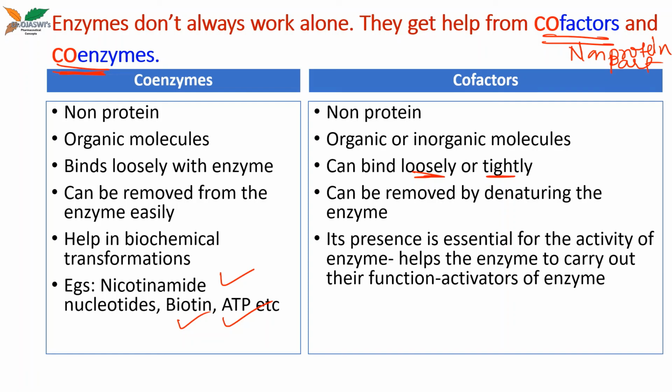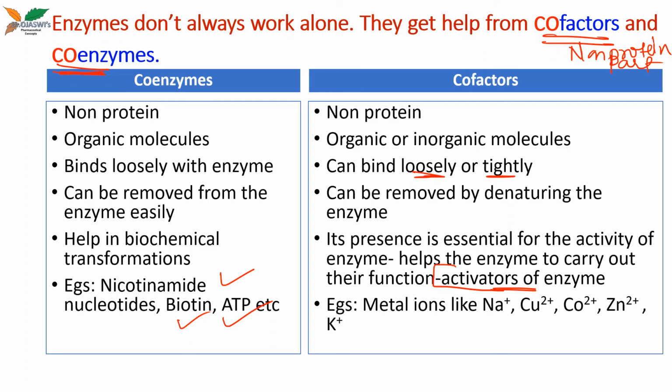That means they help the enzyme carry out its function. We can also call them activators of the enzyme. Certain examples of cofactors are metal ions like sodium, copper, cobalt, zinc, potassium, and so on.